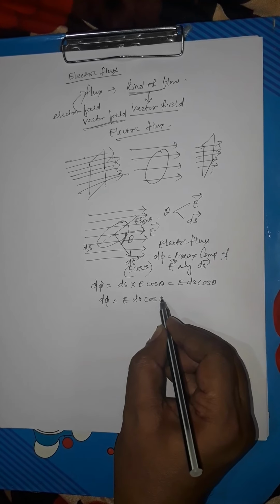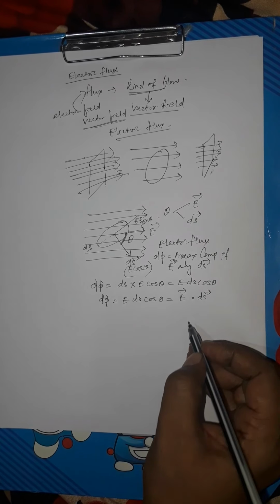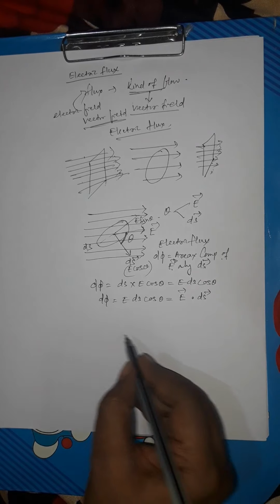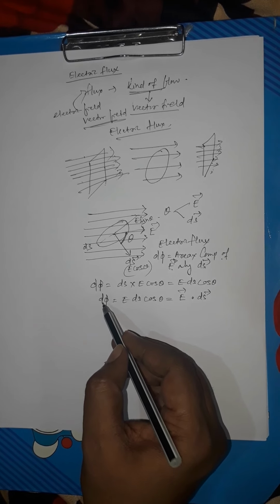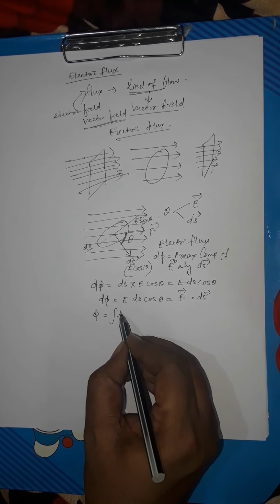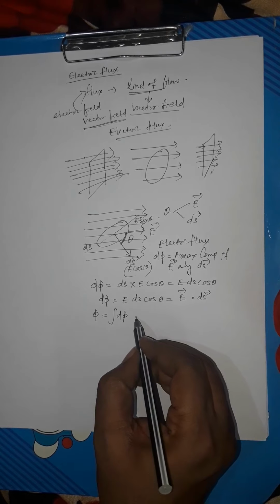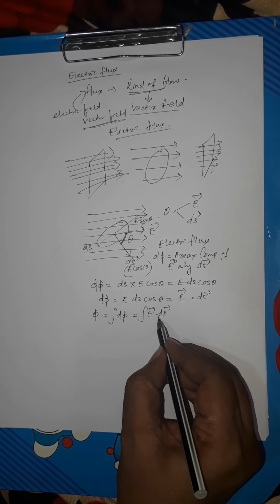According to the dot product, it is E vector dot ds vector, as you know that A dot B is equal to AB cos theta. This is the flux through this ds. When you go for the total flux, it will be the integration of d phi, that is the integration of E vector dot ds vector.